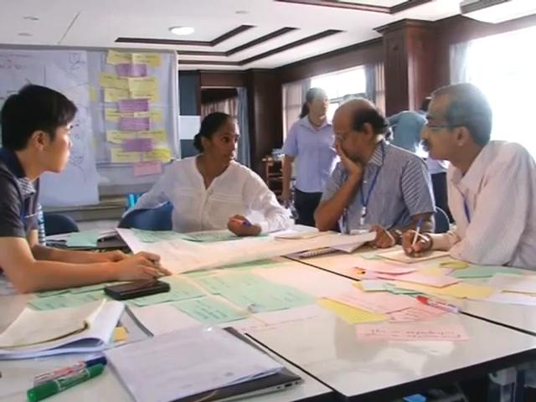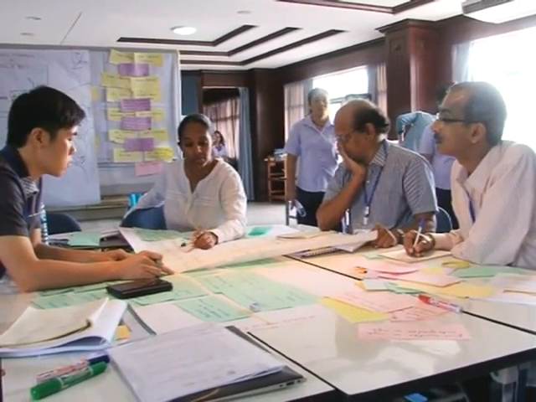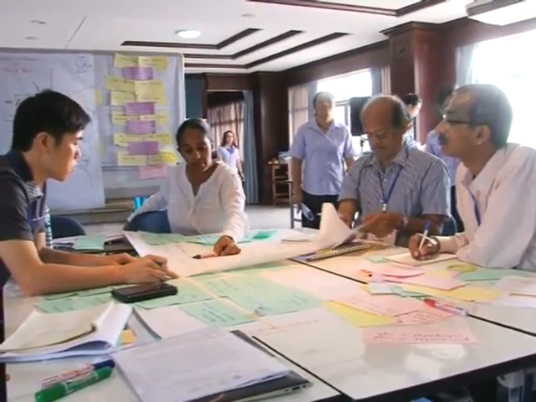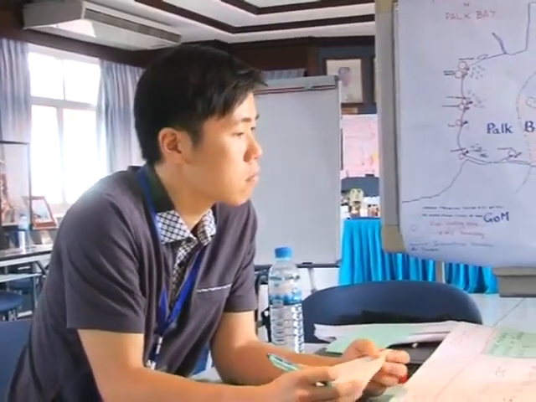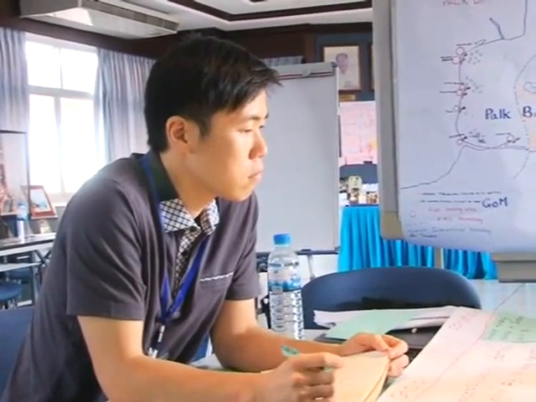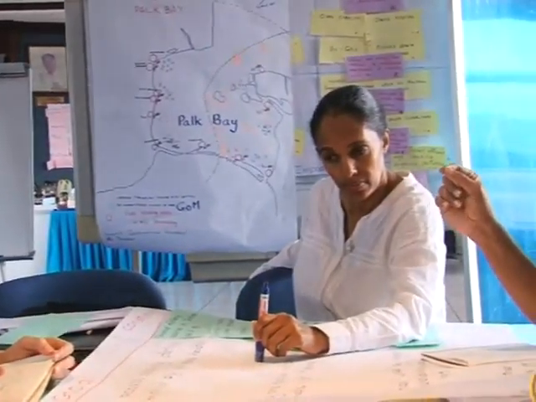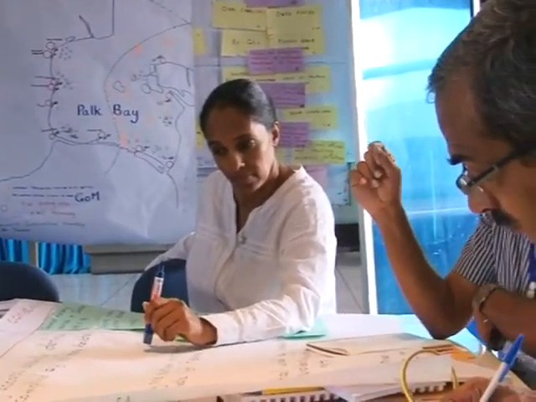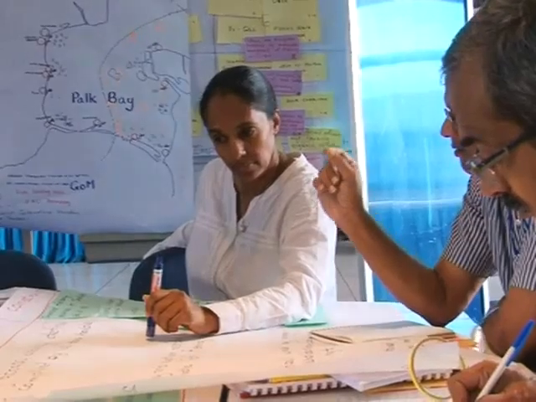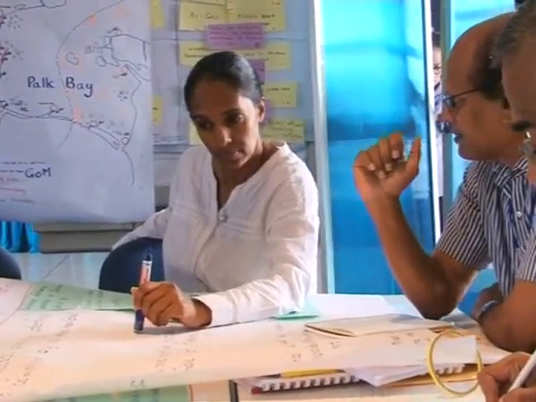For objectives, we have to have governance. At the moment, fisheries is very dependent on the agreements between the two countries. We need developing legislation for the agreements, to develop access rights.